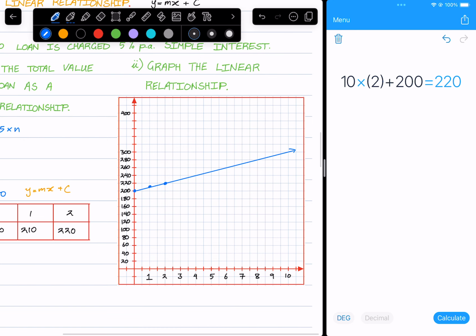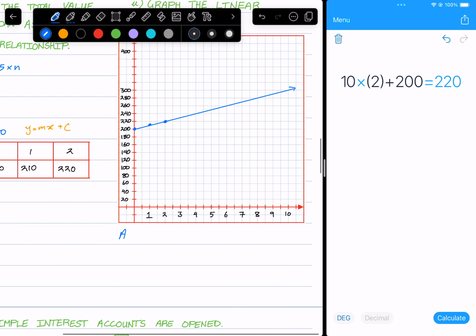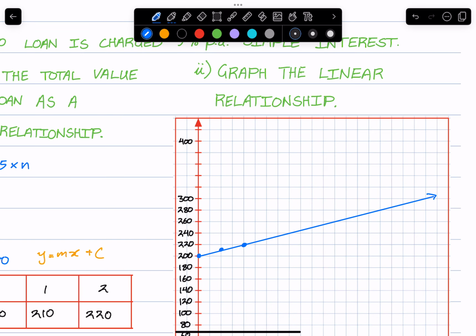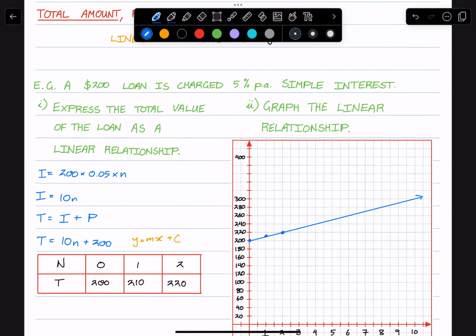That's just an example of what I'm picking here. So we could say at 8 years, the total value is equal to $280. And that's just an example of what we could pick out just from the graph.